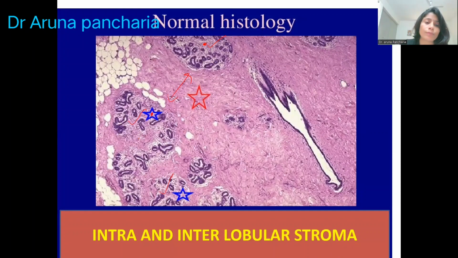The intralobular stroma is loose and more cellular, while the interlobular stroma is dense, though it is less cellular. Hormonal responsiveness is seen in the intralobular stroma.